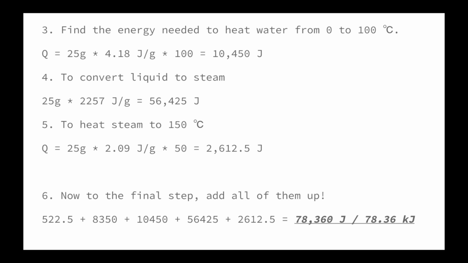Next, we must find the energy needed to heat water from 0 degrees Celsius to 100 degrees Celsius. Q is equal to 25 grams times 4.18 joules over grams Celsius times 100. This is the mass times the specific heat of water times the change in temperature, and this equals 10,450 joules.